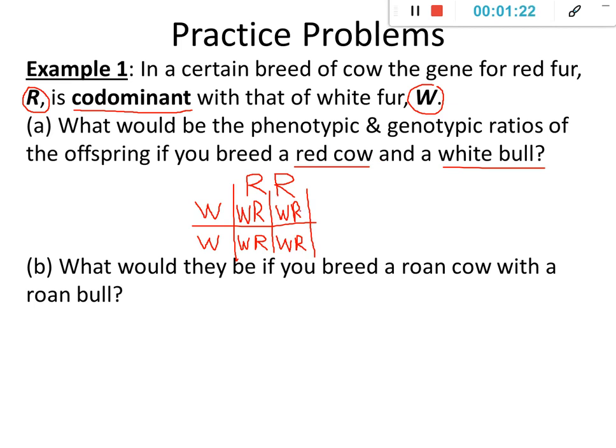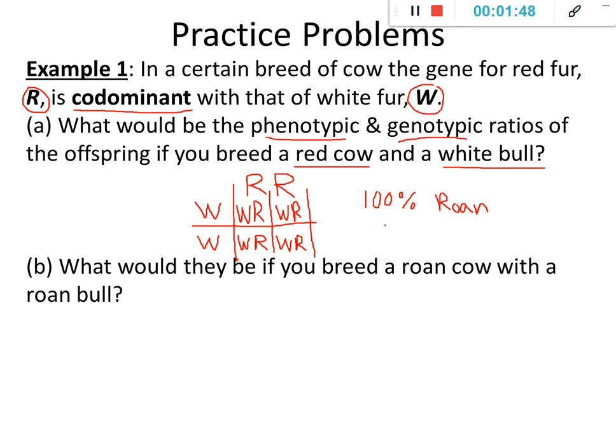If we look at the offspring, 100% of them, or 4 out of 4, which is just a percentage or a ratio, are going to have a roan coloring. That is the coloring of both red and white at the same time. They're codominant. That is their phenotype, the description of what they look like.